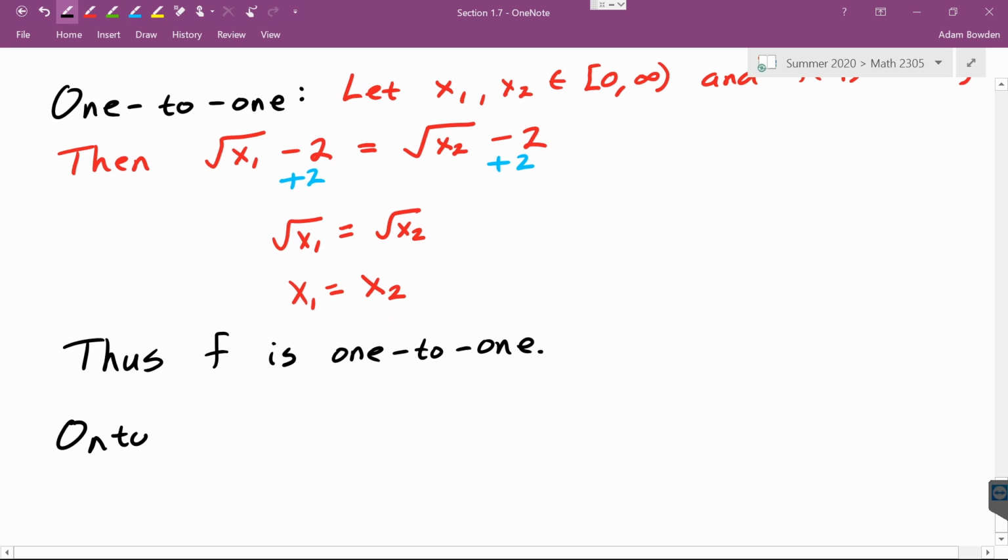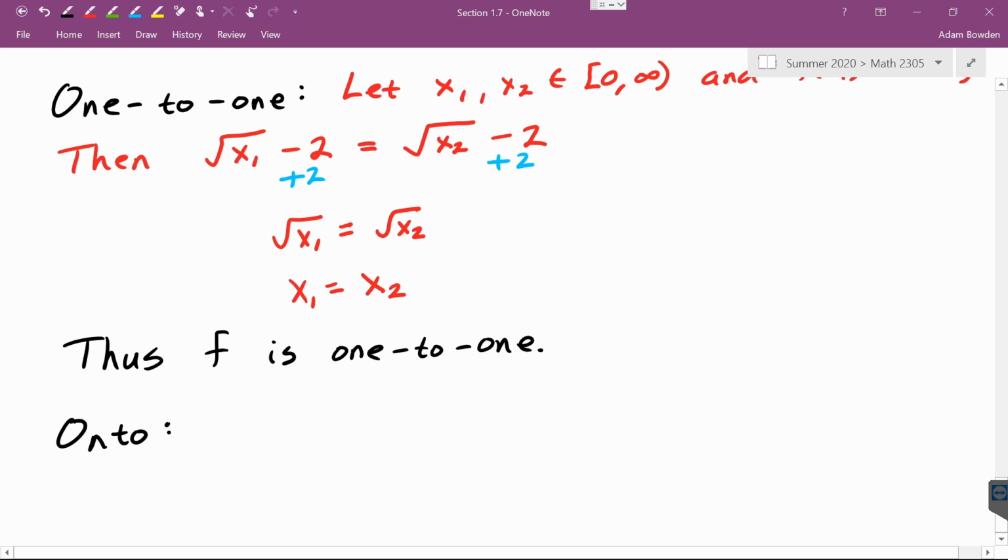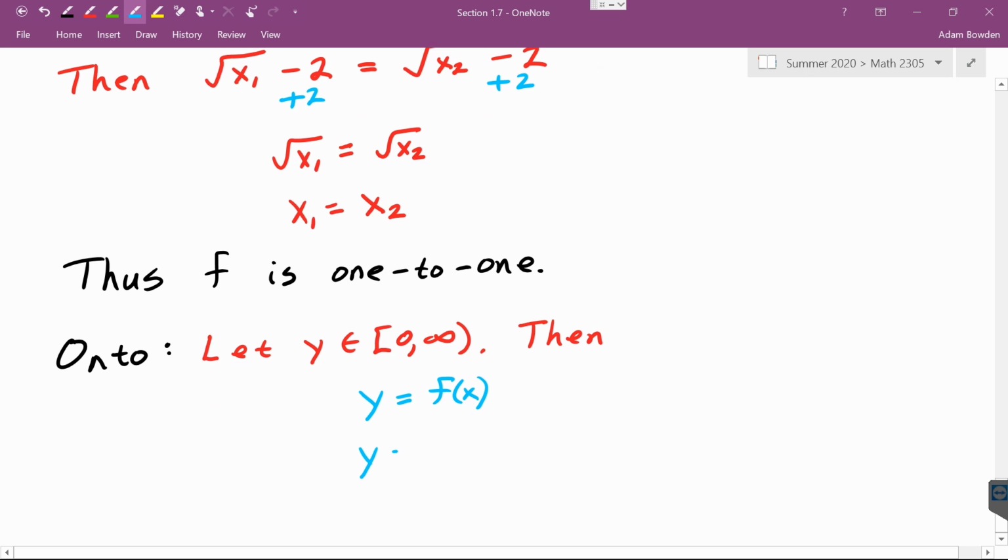Now for onto, we need to make sure that we say up above that this is a function into the real number set. But we should also recognize the square root function will never take any negative numbers. So it's not going to actually be onto the full real number set. So we'll only consider onto-ness for a smaller set. So what I'm going to do is let y be an element of the interval from 0 to infinity. Then we'll look at y equals f of x, and what that means is we'll have y is equal to the square root of x minus 2.